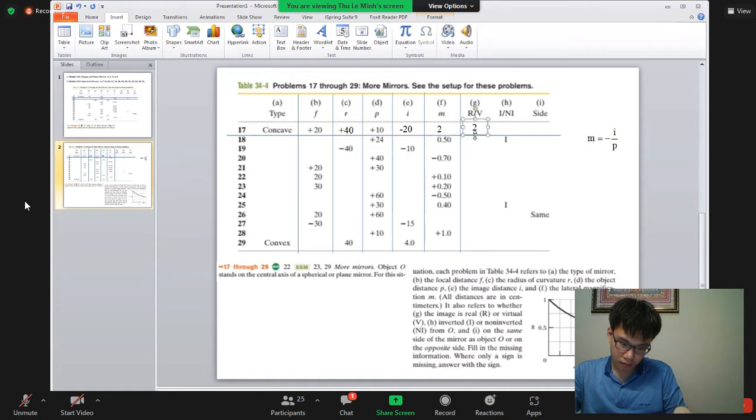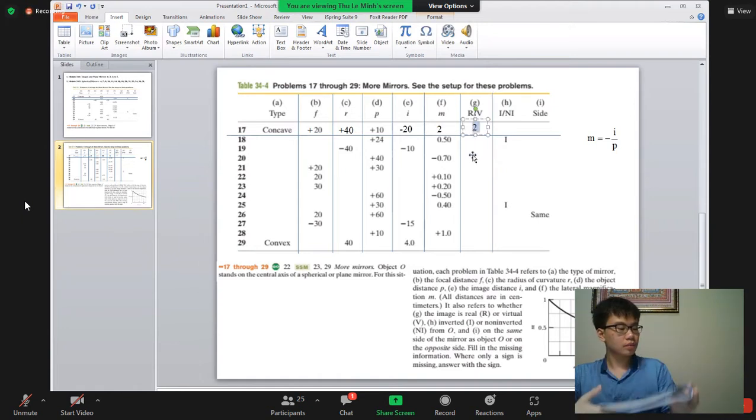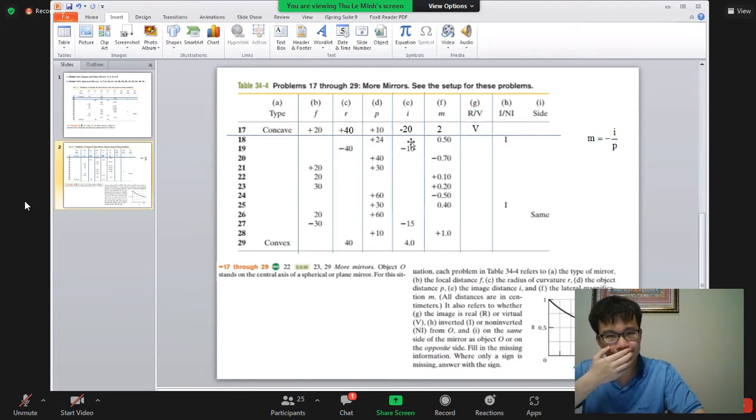How do you know the image is real or virtual? Virtual. Why? Because the image distance I is negative, so the image should be virtual, right?